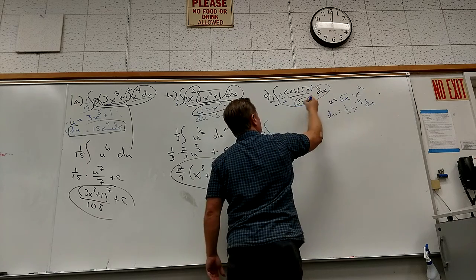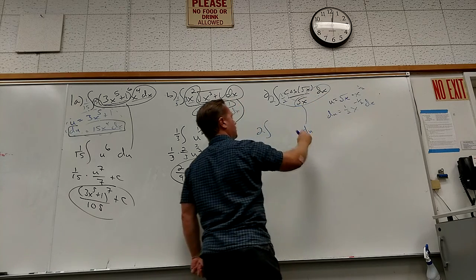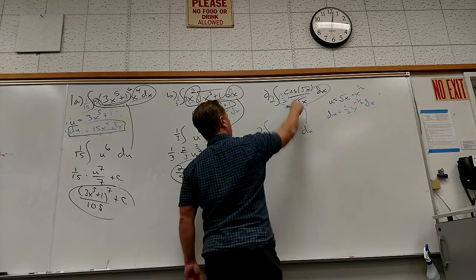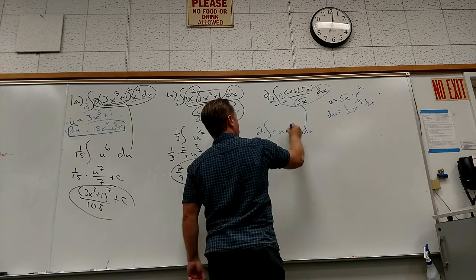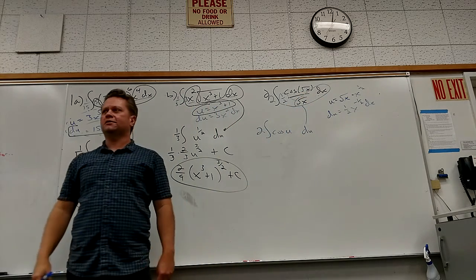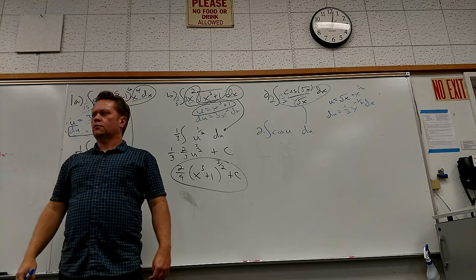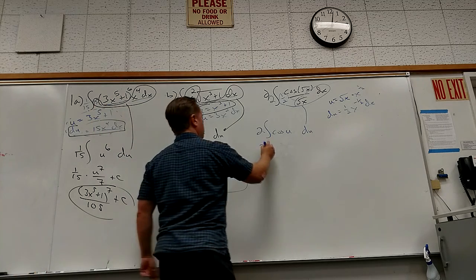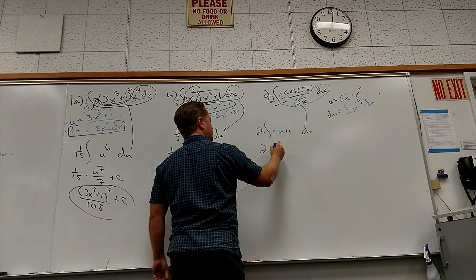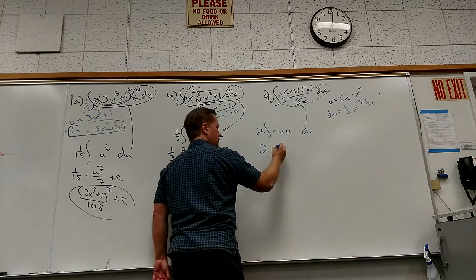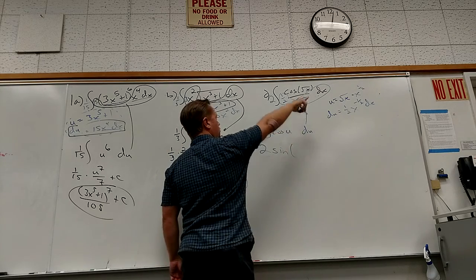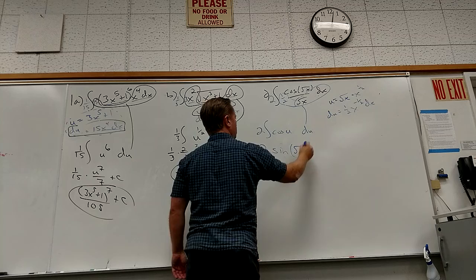All this becomes du. And this is the cosine of u. Oh my God, that's awesome. Integral of cosine is sine, and u was square root of x.